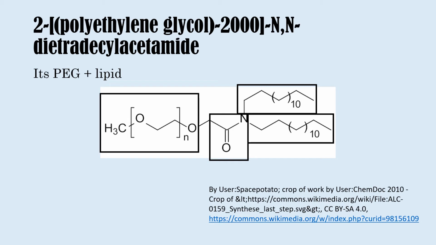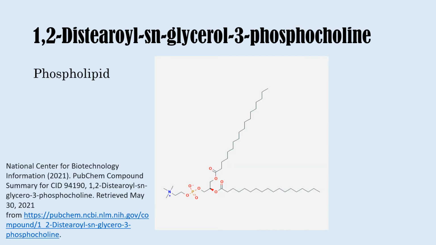So instead of using numbers, they use the N. That's why instead of putting 1 diethyldecyl acetamide, they put N, because you don't really have a number to refer to. So this is basically just a PEG attached to some carbon chain to make it like a lipid.